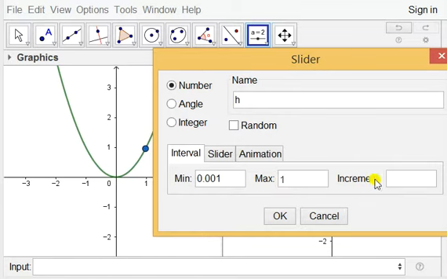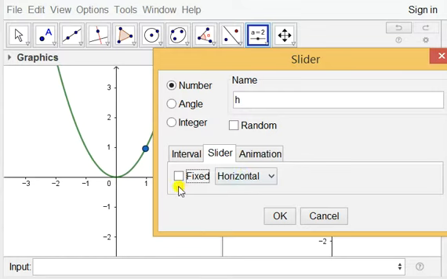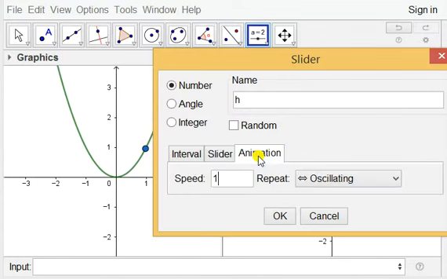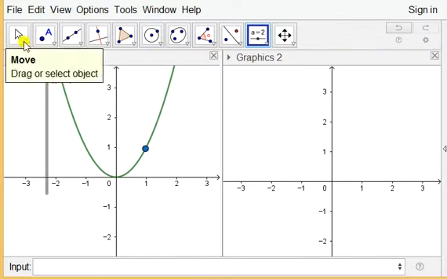And the increment is up to you, but I put 0.001. Of course, I put the slider vertically. Animation, if you want, maybe oscillating or whatever. So it should be enough over there.